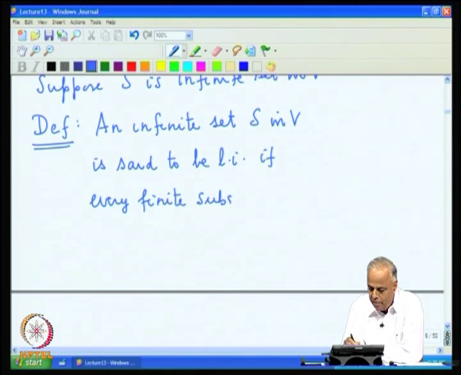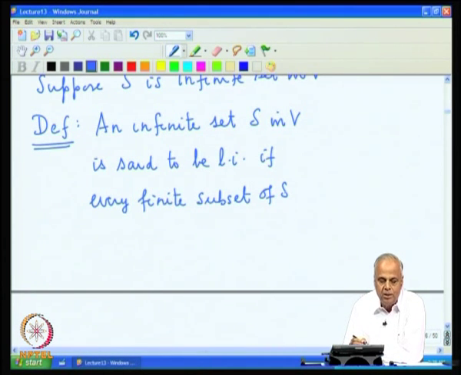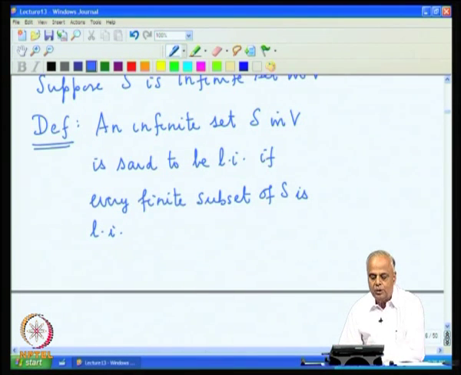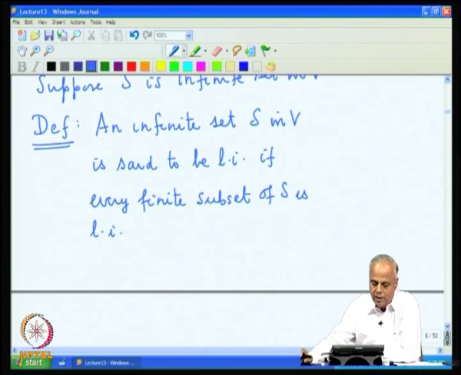The moment you have a finite subset of S, we have the notion of linear independence, so we can check whether it is so.